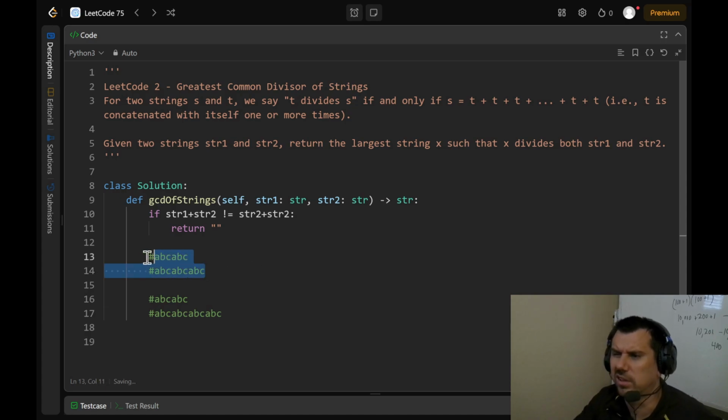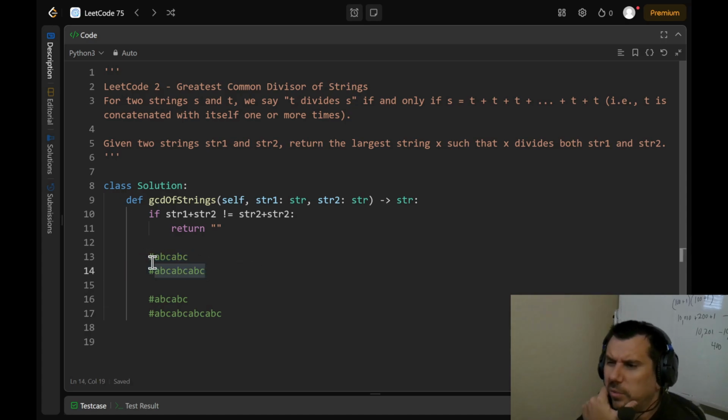So in this first example, we know that both of these words are generated from the base ABC, and technically both of them are. But because this one's 2 of them and this one's 3 of them, the GCD is still ABC, because you can't use ABC ABC because that doesn't divide this one.